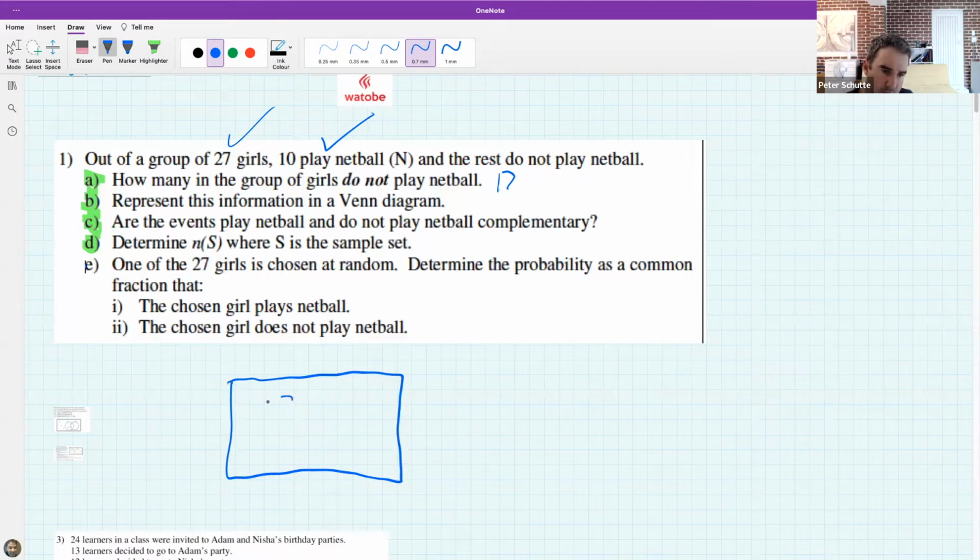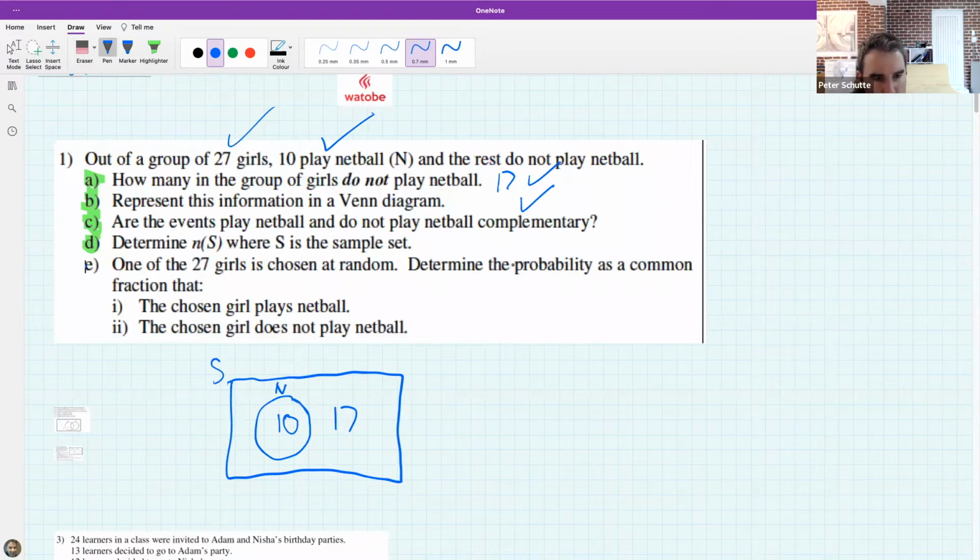And if I choose this as my N and this S is my sample space, then this is going to be 10 and this is going to be 17. So the Venn diagram describes what's going on. So that's those two. What about C?